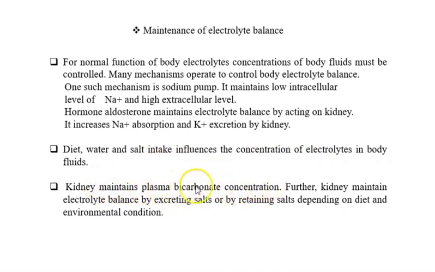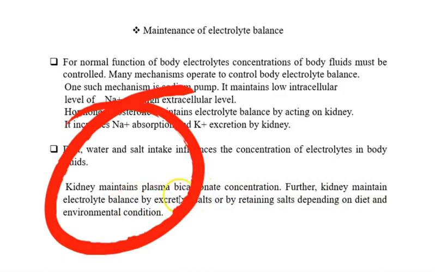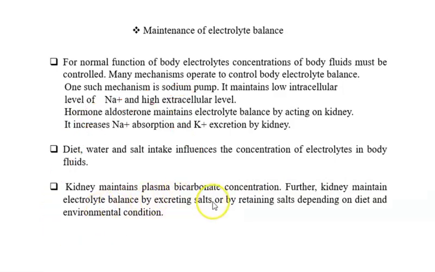Kidney can generate bicarbonate, and in the same way it can also regulate it. So if there is a need of bicarbonate to be generated, the kidney can go ahead and generate it. And it can also balance it by excreting salt or by retaining, depending on the diet. So what you are eating determines the functions of the kidney in this case.